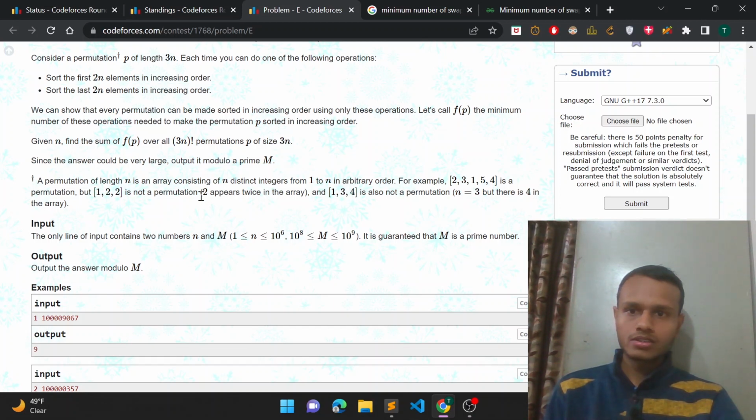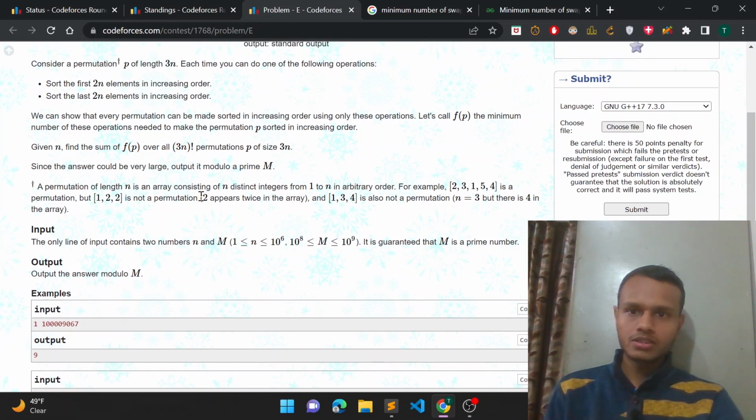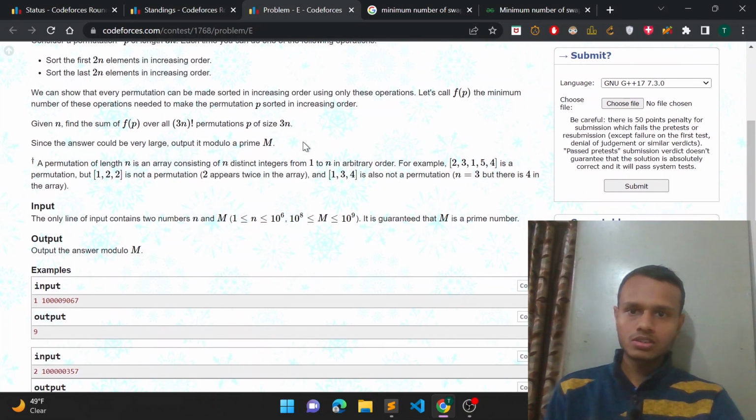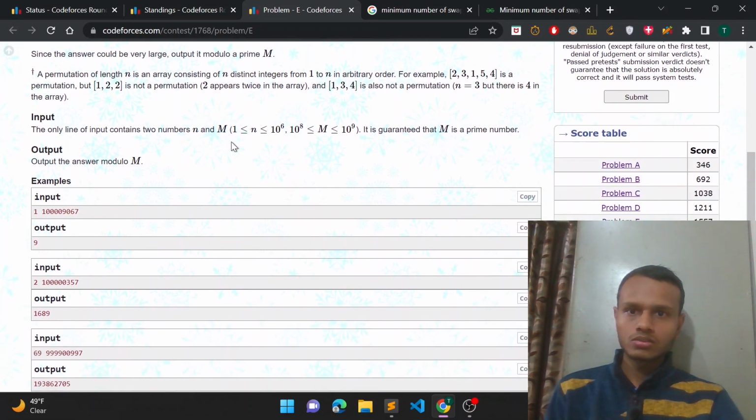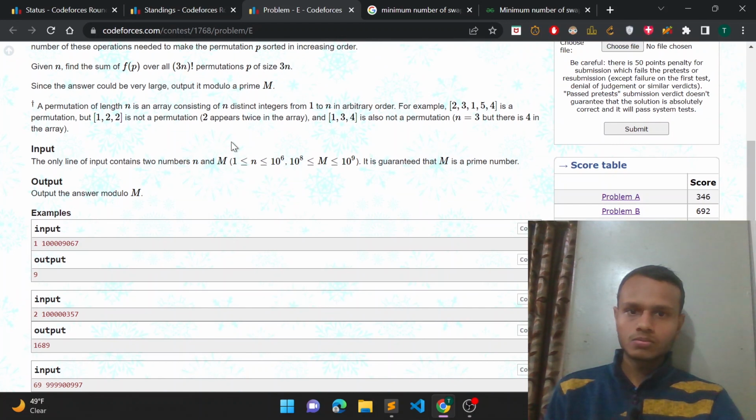And then find the sum of fp for all 3n factorial permutations P of size 3n. Since the answer could be very large, output it modulo a prime m.